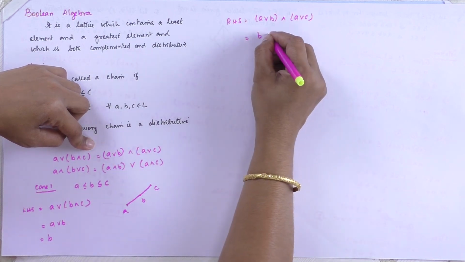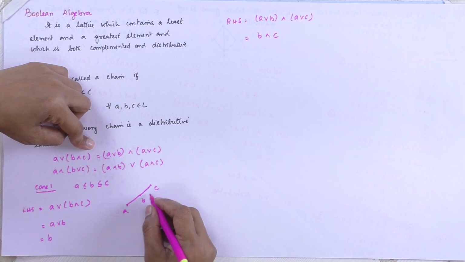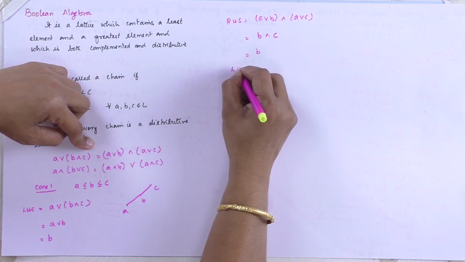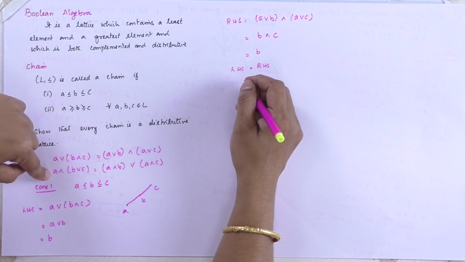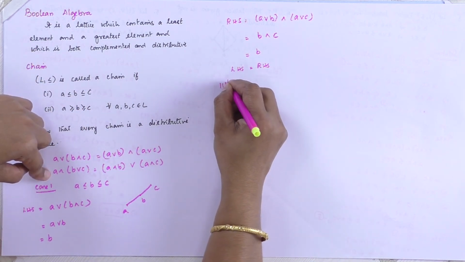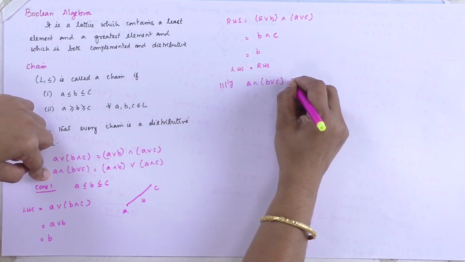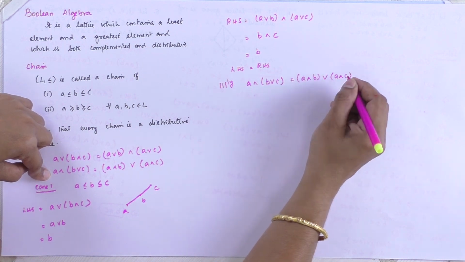It is B. What is A or C upper bound? It is C. What is B and C lower bound? It is B. See here LHS is equal to RHS. Again, for this two similarly it can be done for A and B or C, that is equal to A and B or A and C.